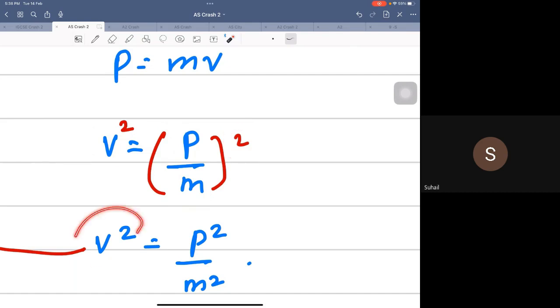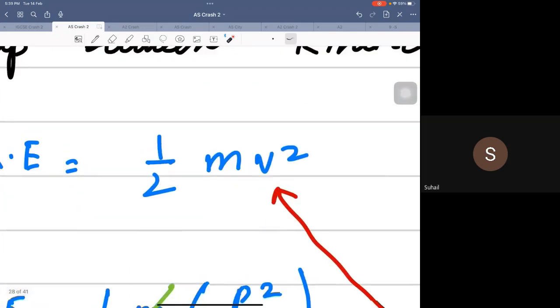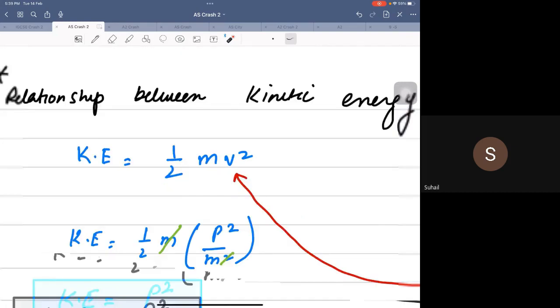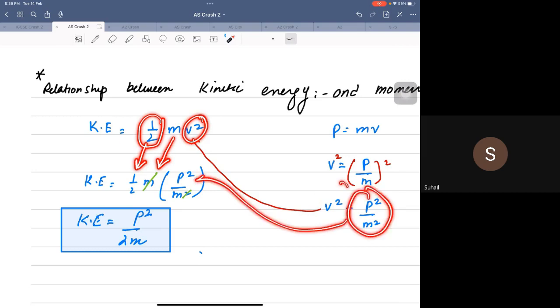So then v squared equals p squared over m squared, because the square applies to both of them. Do you understand? If you look at this formula, it also has v squared in it. So can I put this v squared right here? Yes, you can. So then half is here, m is here. This v squared was equal to this, so I just replaced it here.